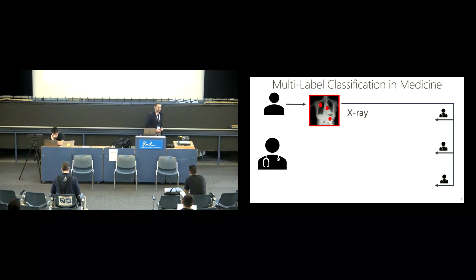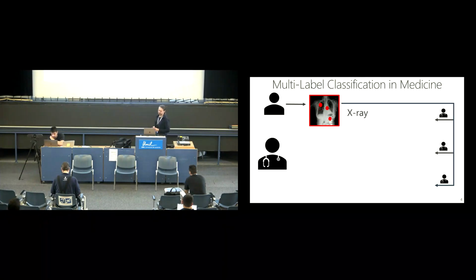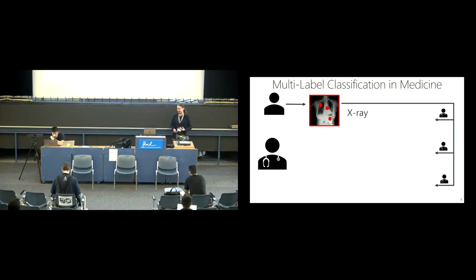Now let us imagine that there is a patient who comes to a doctor, and the doctor has not had such a case before, and is not confident about his or her prediction for this patient. So the doctor wishes to consult with many other doctors or hospitals, and takes an X-ray of this patient and sends this X-ray to many of these collaborating parties.